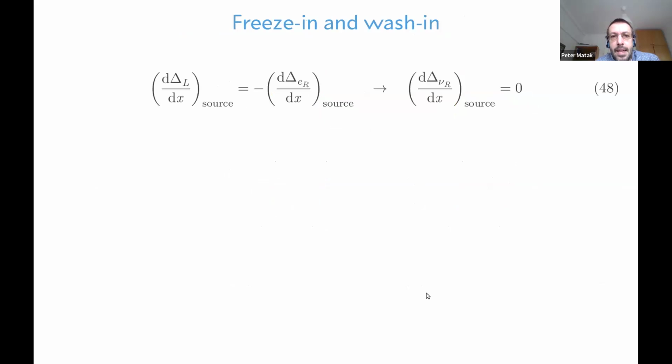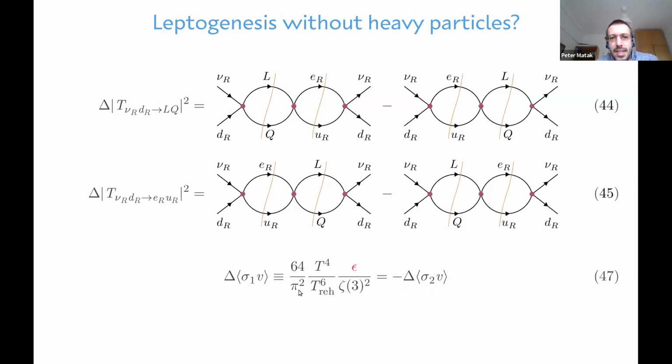Okay? Now, unfortunately, these 2 asymmetries will contribute to the source term of left-handed doublets and right-handed electrons, but the source terms will come with opposite signs.